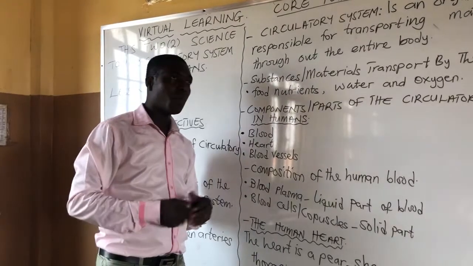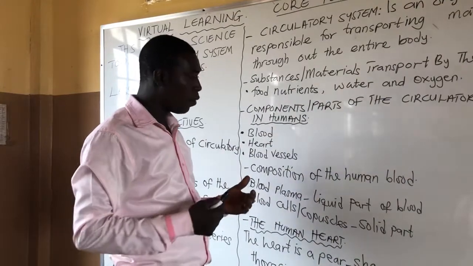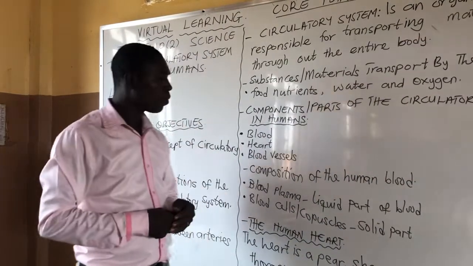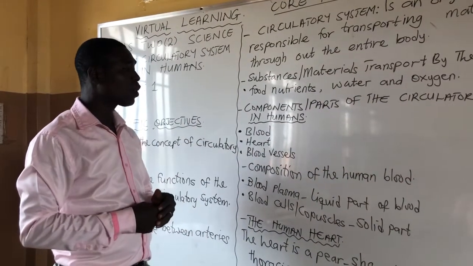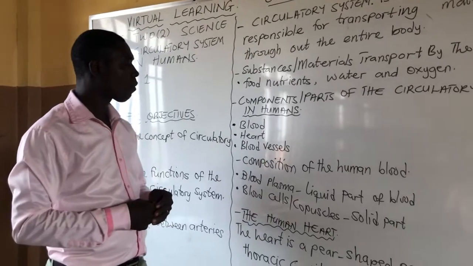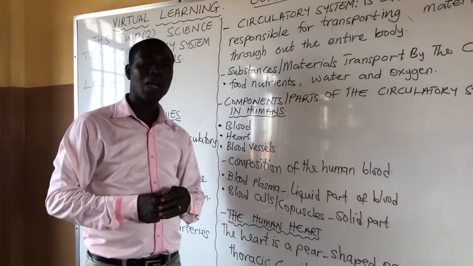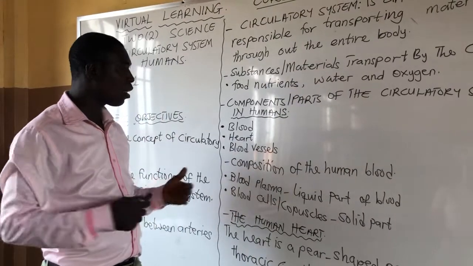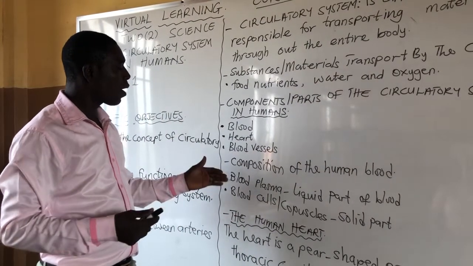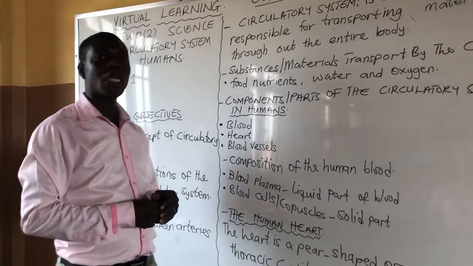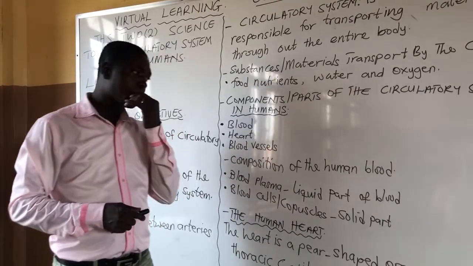Now, you all know blood, and I hope you've seen blood before, so you know what I'm talking about. Let's look at the composition of human blood, or what the blood is made of. We have the blood plasma, which is the liquid part of the blood.